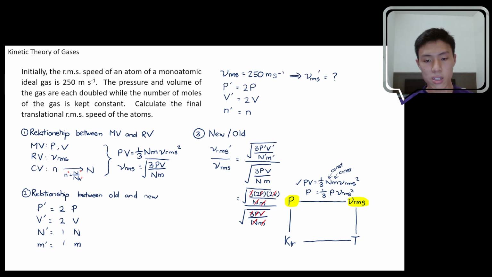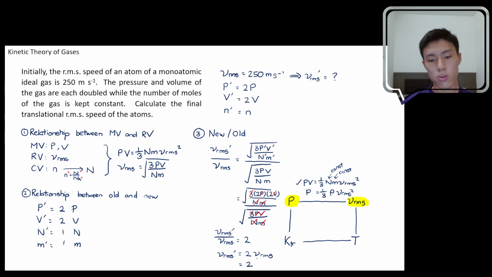So what we have left here is 2 times 2, which is 4. So the square root of 4 will become 2. So VRMS new divided by VRMS old is just equal to the square root of 4, which is 2. If we bring the VRMS old to the other side, it should be 2 times VRMS old.